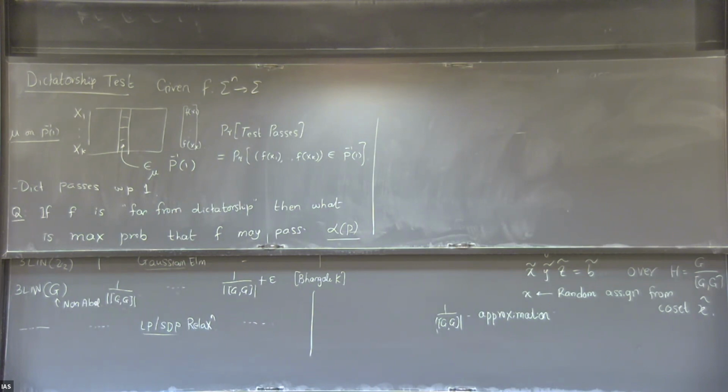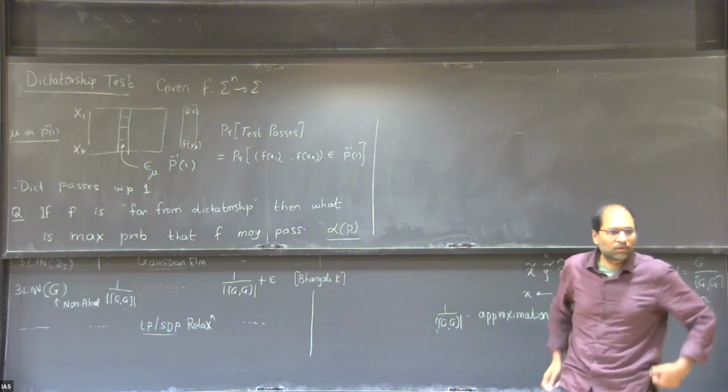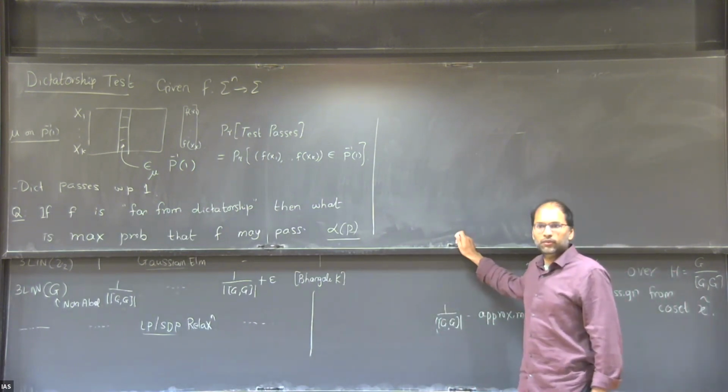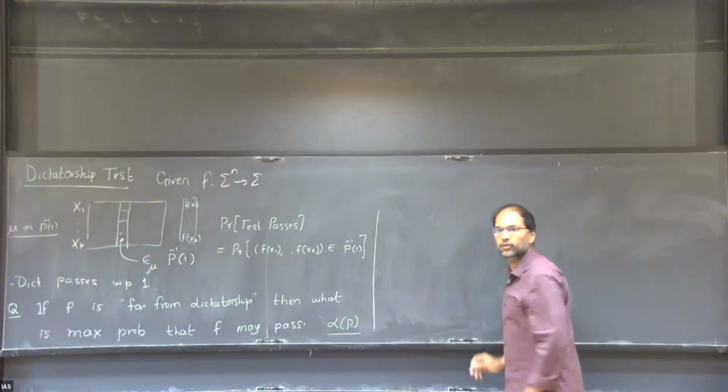I hope you can already see that this is in some sense a purely analytic question. When you said this is morally the case, this is also what examples like 3-SAT, the way 3-SAT was proven to be 7/8 hard, are exactly like.